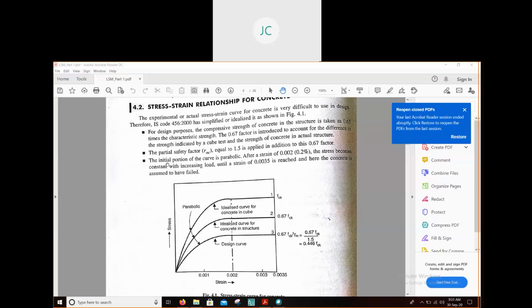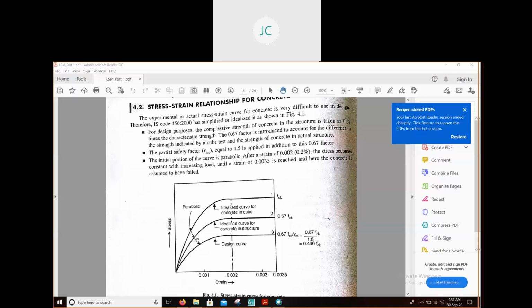So this curve has been discussed in the last class, so I'm not going to discuss it again, but this is the detailed explanation. Here it is written that the initial portion of the curve is parabolic, this portion. After a strain of 0.002, that means this value, the stress becomes constant.